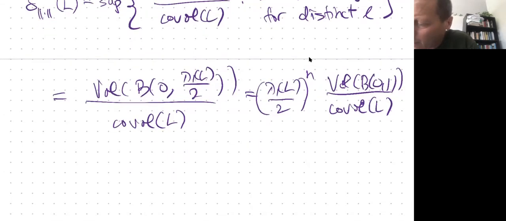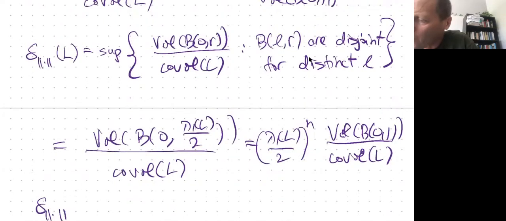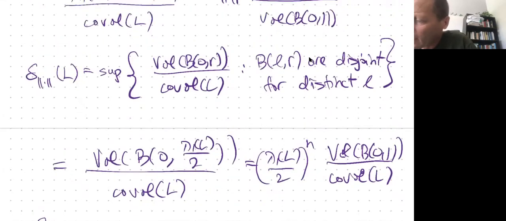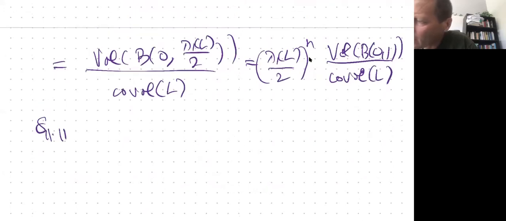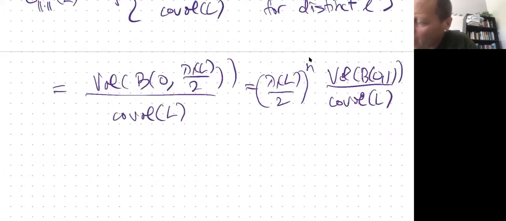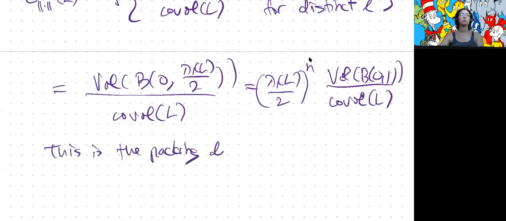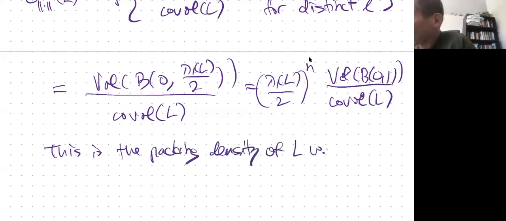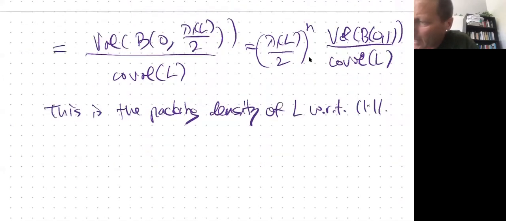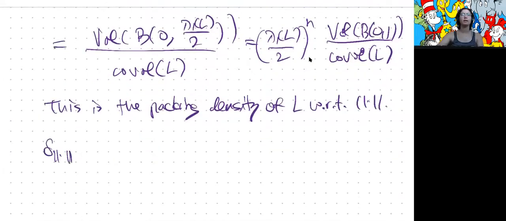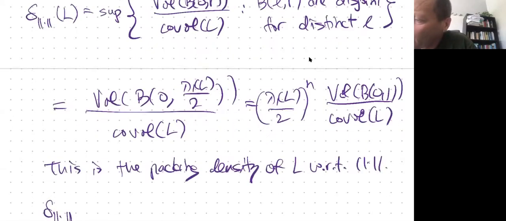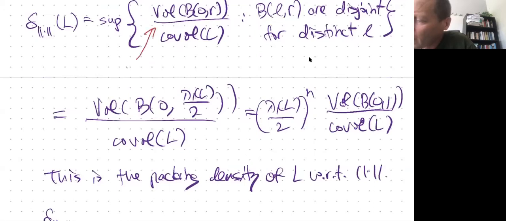And delta of the norm, so here this formula is all with respect to a fixed lattice, and delta without a lattice, let's give this a name also. What we just defined before is the packing density of L with respect to our norm. The ball is the unit ball of the norm. All the balls here are taken with respect to that norm, everywhere.